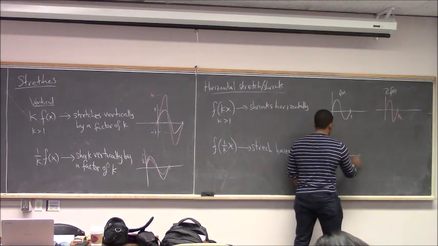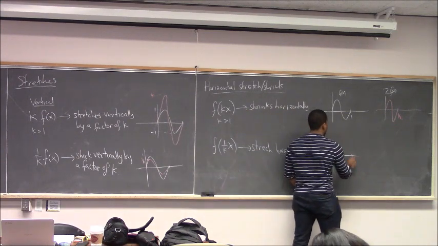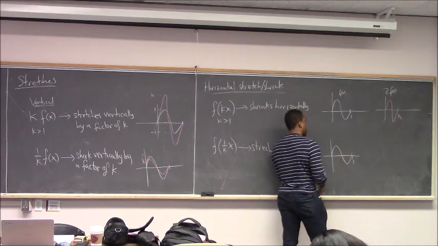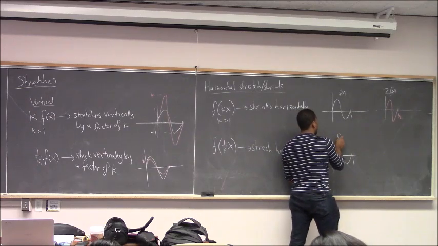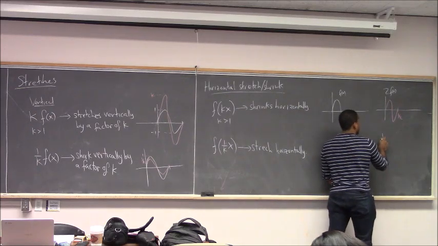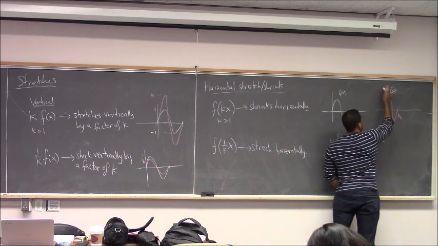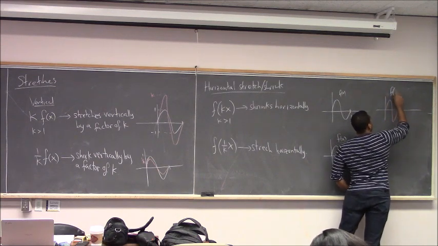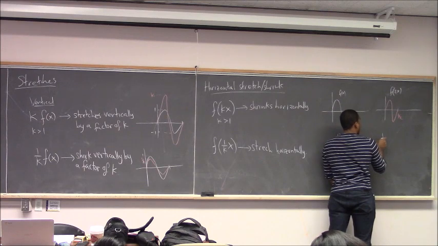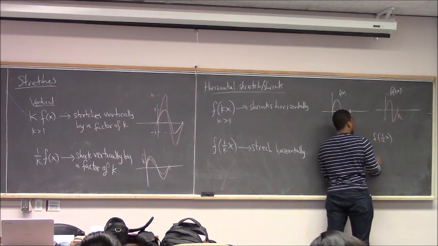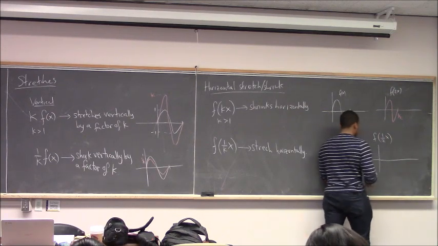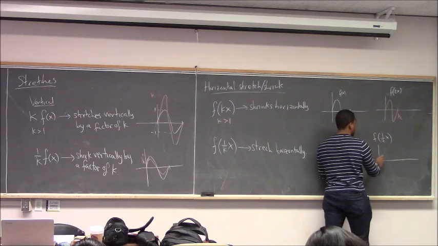Whereas if over here I had a graph which horizontally went up to 1, then if I divide by 2 in the x, this should be f of x over 2. Now it turns out that this is actually going to stretch it to be double.